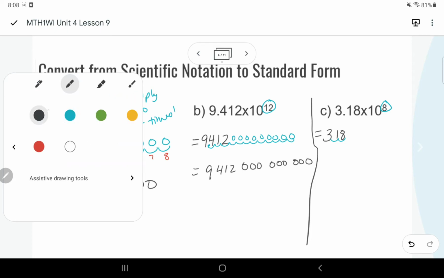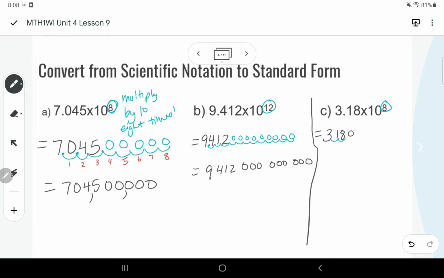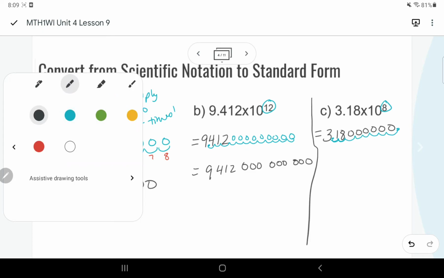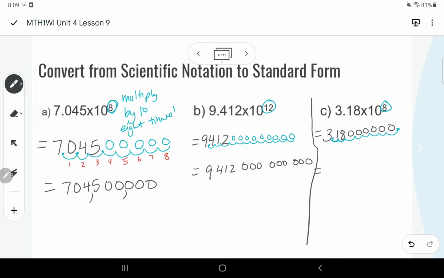So I'm going to have 6 more steps after that. So I'm just going to add in 6 zeros and confirm that this is moving 8 steps. So 1, 2, 3, 4, 5, 6, 7, 8. So that final answer is going to be 318 million in standard form.